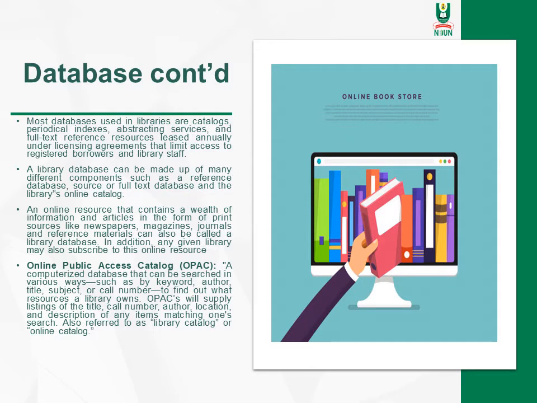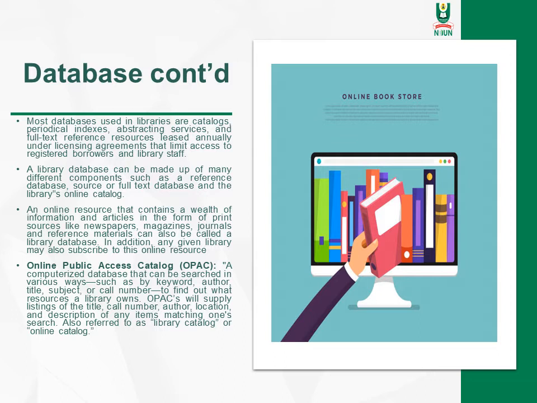Concerning database, we could also say that a library database can be made up of different components. We have the reference database, we have a full text database, and we also have a database of the library's catalog. An example of the library's online catalog is the OPAC, the Online Public Access Catalog. This is a computerized database that, when searched with keyword, author, title, subject, or call number, brings out what resource a library owns.